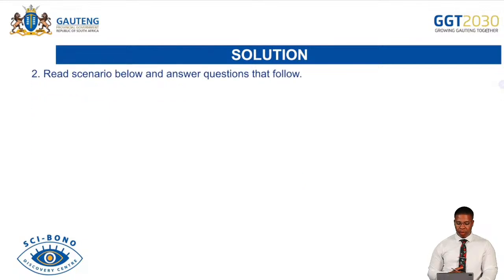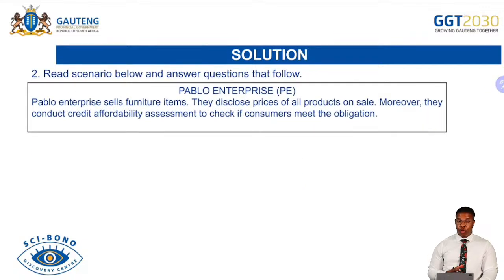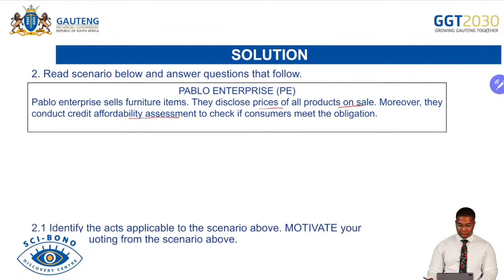Then when you look into this one, you'll realize that there are 2 acts that are applicable, to say the act that says disclose all prices of goods on sale, and moreover they conduct credit affordability assessments to check if consumers meet the obligation. This would make 2 acts applicable there.